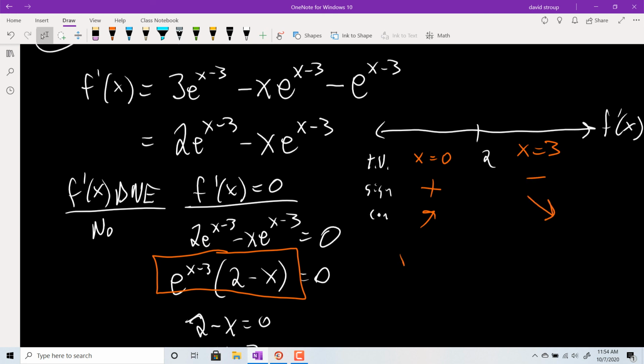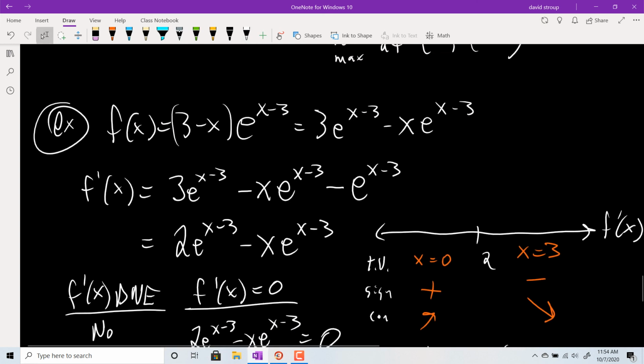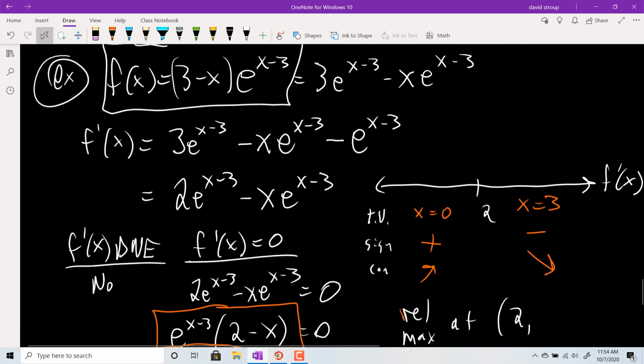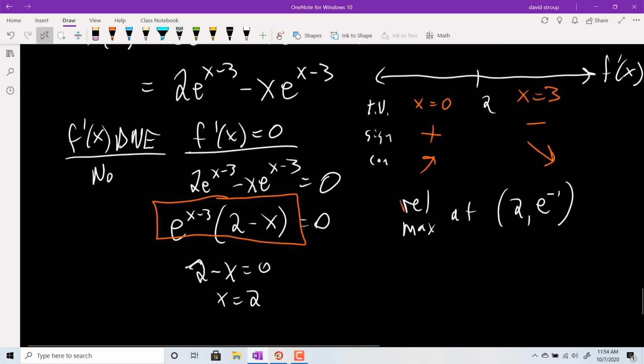And we'll have a relative max then at 2 comma, and then I have to go back to the original function and put 2 in there. So 3 minus 2 is 1, and then e to the 2 minus 3, negative 1. E to the negative 1 will be the maximum there.